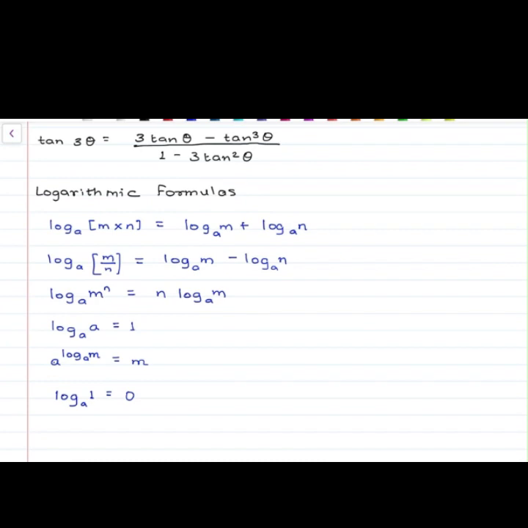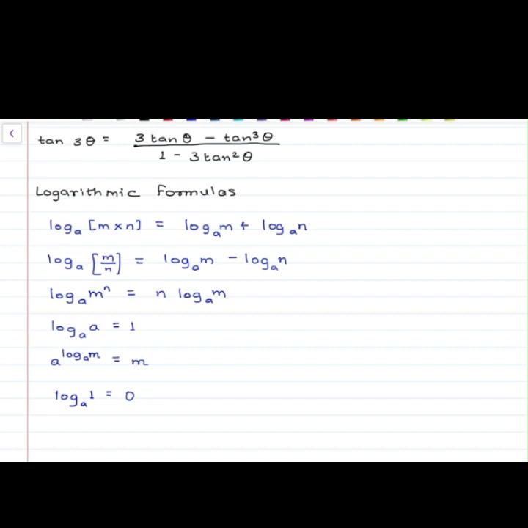So then we have logarithmic formulas. These are simple, right? So log of a product will give you addition. So log of m multiplied by n is log of m plus log of n. Then log of a division, like a ratio, you will get subtraction. So log of m upon n will give you log of m minus log of n.